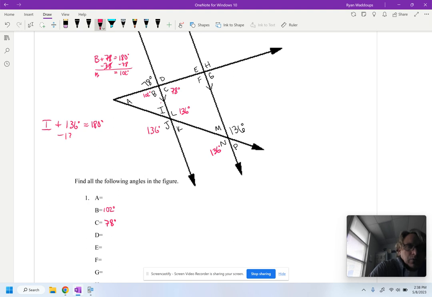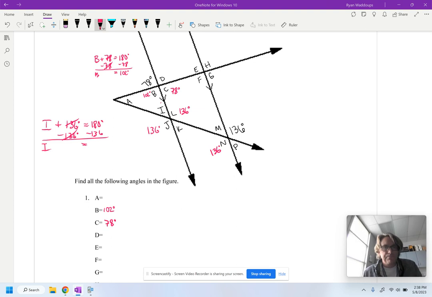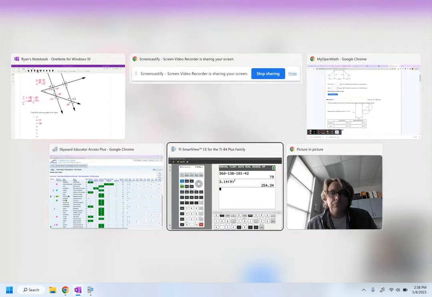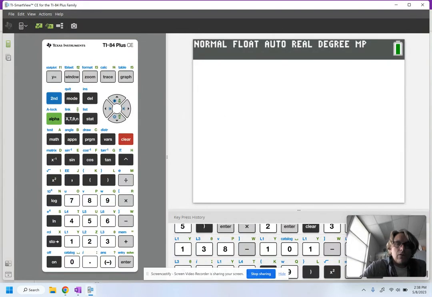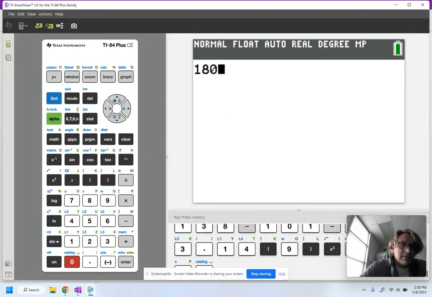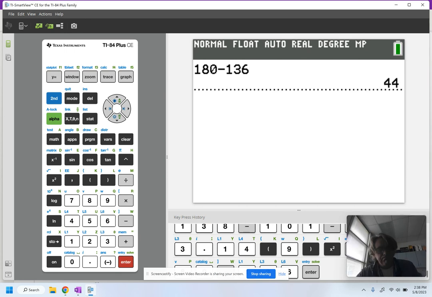So then subtracting 136 from both sides gives us that I is equal to 180 minus 136, which is 44.